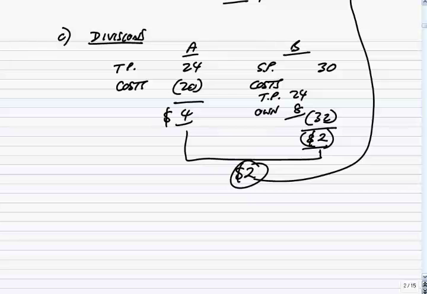We always assume there are lots of other products. But this one individual product, surely if it's loss-making, B will refuse to deal in it. And of course, if B won't buy it, A has no one to sell it to. And so the problem is B refuses the product. And therefore, the company loses this product.